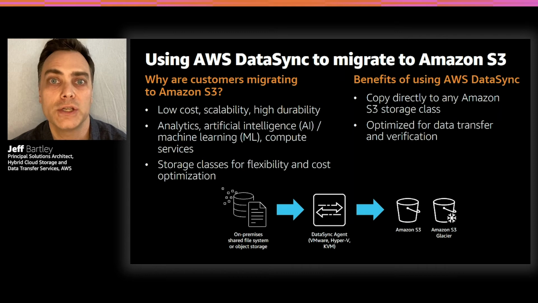And as I've already mentioned, you can use DataSync to copy directly into any S3 storage class. This helps customers who are looking to save money, let's say on lifecycle costs. You don't have to copy into S3 Standard first and then lifecycle into Glacier. You can just go directly into Glacier or Glacier Deep Archive using DataSync.